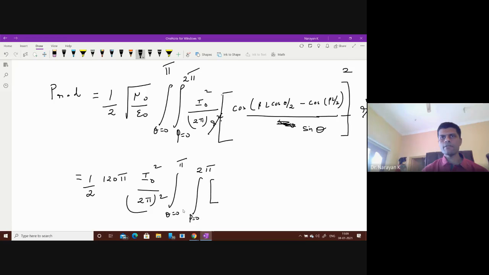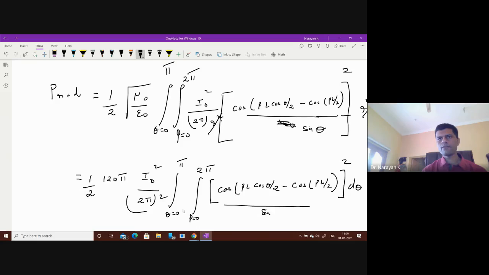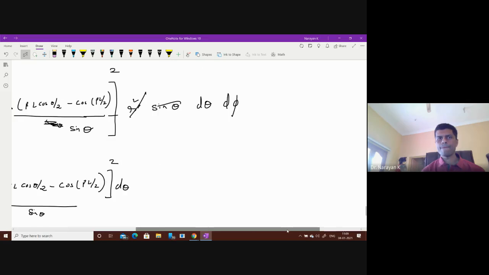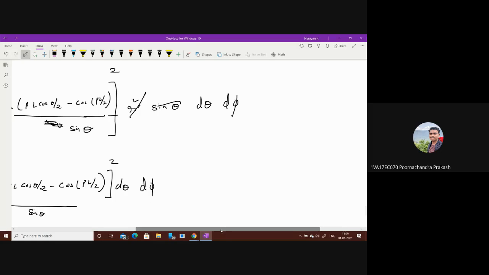So what will happen here is this will be cos of beta L cos theta by 2 minus cos beta L by 2, whole square, d theta by sin theta, and this will be d phi. Agreed? Agreed. Yes, sir.